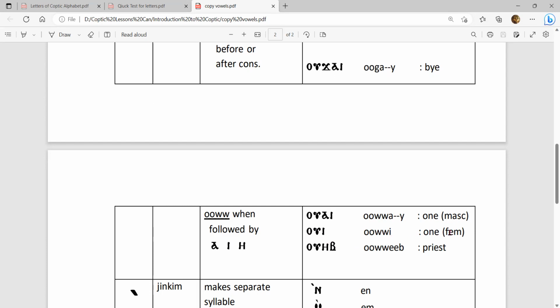The third one is when it is followed by an eta, and then it comes a B at the end. So it would be uweeb, meaning priest. Okay.